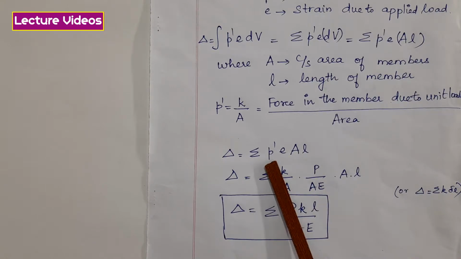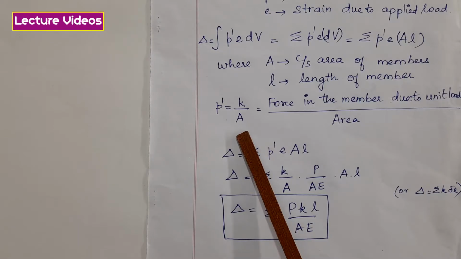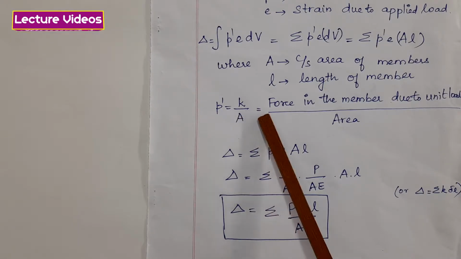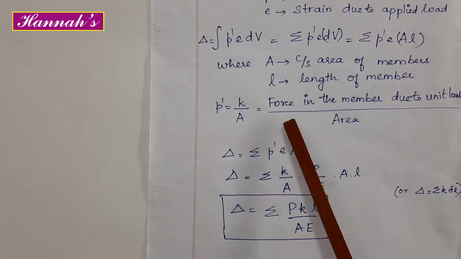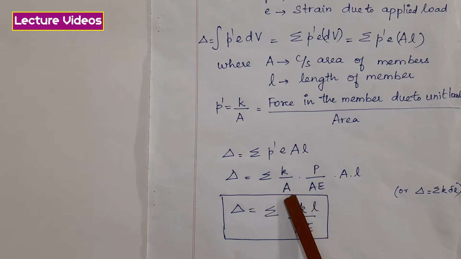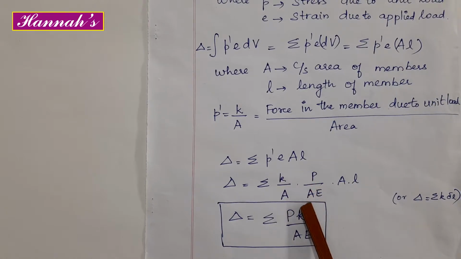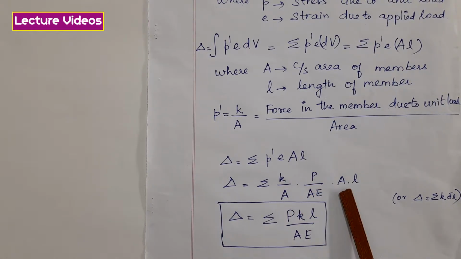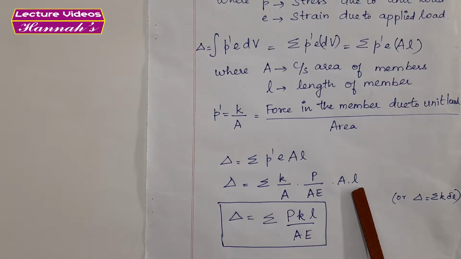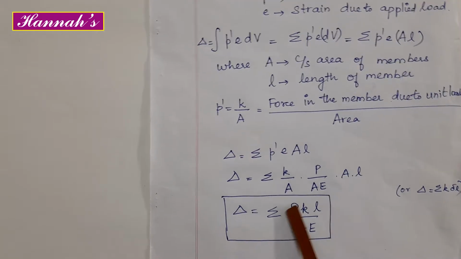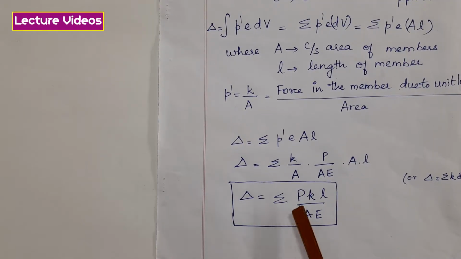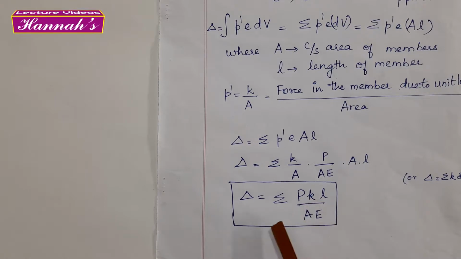Instead of P dash, the stress due to unit load, I am going to replace that with the notation k by A, where k is the force in the member due to unit load. So small k by A, and instead of strain, I will write P by AE, which we derived earlier, times area into length. So my final deflection equation goes like this: summation of P k L by AE.